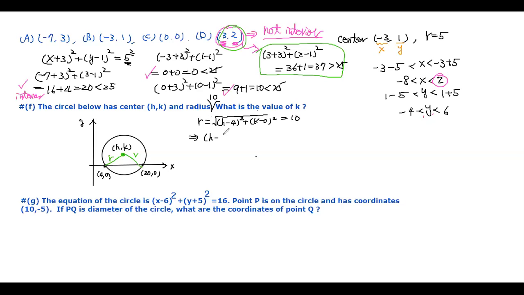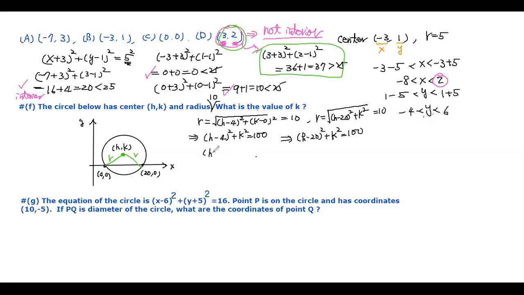So this is h minus 4 squared plus k squared equal to 100. Then we can find another radius. Another radius is h minus 20 to the square plus k squared equal to 10, so I can simplify this to h minus 20 squared plus k squared equal to 100, right? So now I have two equations.